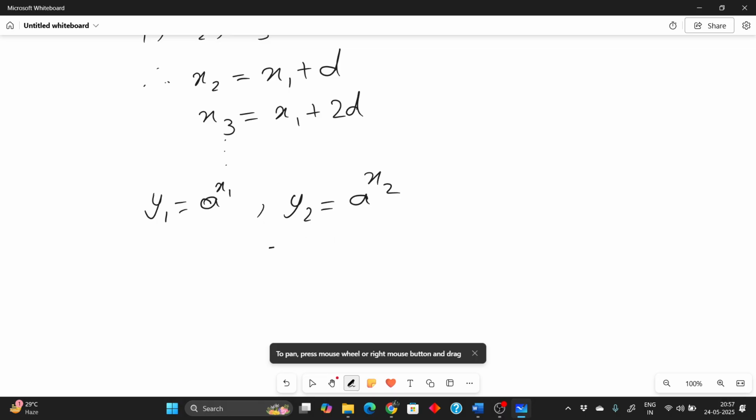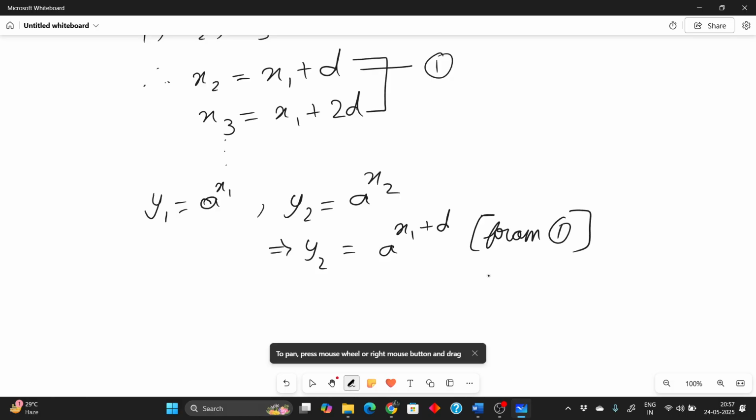Now, from here we can write y2 equals a to the power x1 plus d. So let's name this equation 2. Now therefore we can further write this as a to the power x1 dot a to the power d.